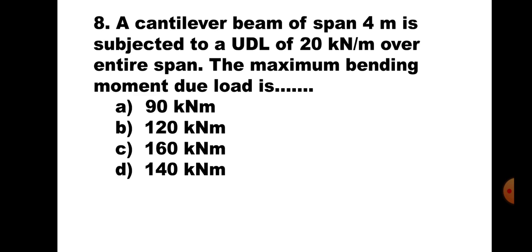This is a cantilever carrying a UDL on entire span. The maximum bending moment is the standard case WL square by 2. So 20 into 4 square, that is 16, divided by 2, and it will be 160 kilonewton meter. Hence the correct answer is C, 160 kilonewton meter.